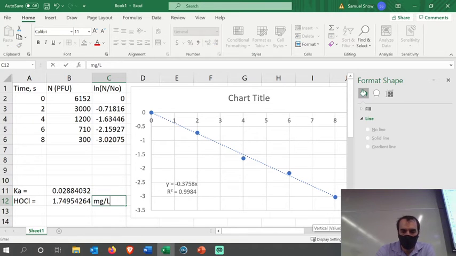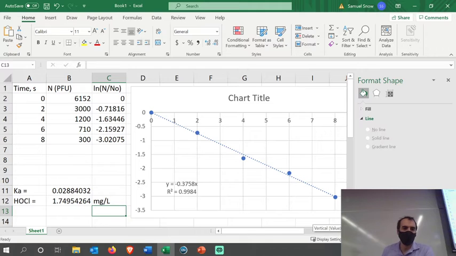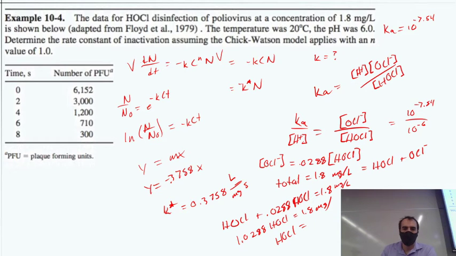With the added error there, we get about 1.75 milligrams per liter. That makes sense, because at a slightly acidic pH, most of it is in HOCl. We know that, and so that meets our expectations there.